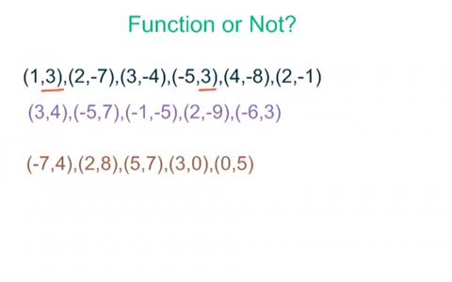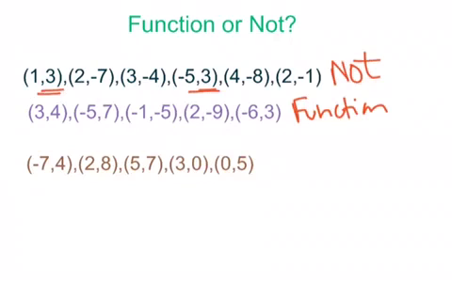Okay, so I'm hoping that you spotted in this first set of ordered pairs that we have a repeating 3 for the y value. So this would not be a function, because I have a 3 here and a 3 here. Down here, this would be a function because I have no repeating y values.